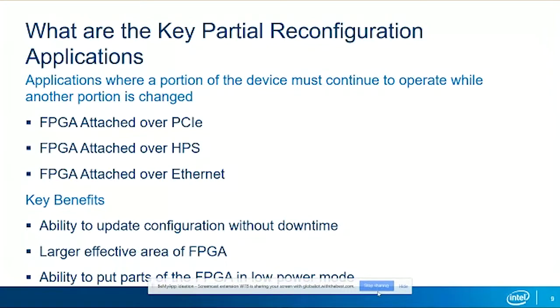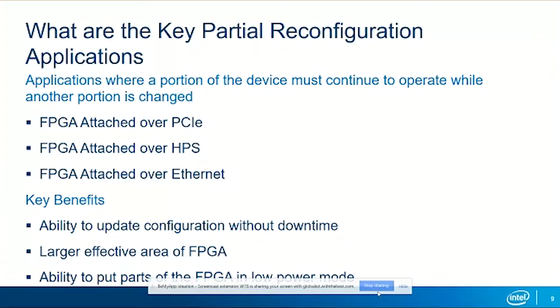As I mentioned, it gives you the ability to update the configuration without having to take the FPGA offline. And it really enables you to put parts of the FPGA in low power mode when you're not using them. And this is very useful for in the IoTG. This is very useful where you've got any handheld devices where you're running off a battery and you want to extend the life of that battery.